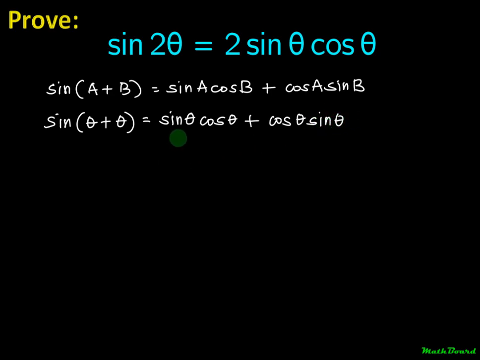As you can see, these two terms are similar, so we can combine them. Sine theta cosine theta plus cosine theta sine theta is the same as 2 sine theta cosine theta. So, na-prove natin na yung value ng sine 2 theta ay 2 sine theta cosine theta.